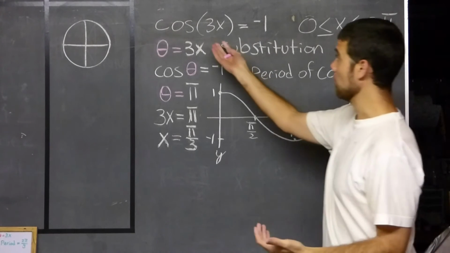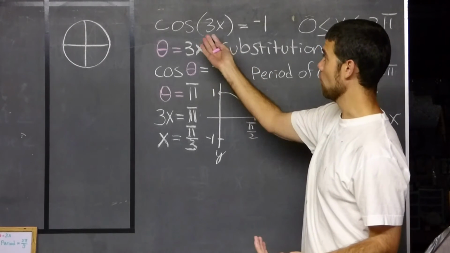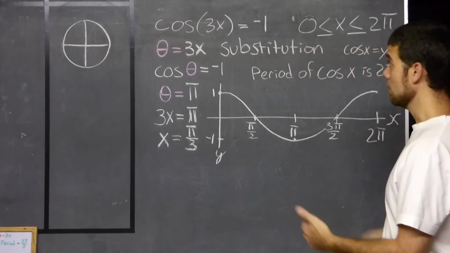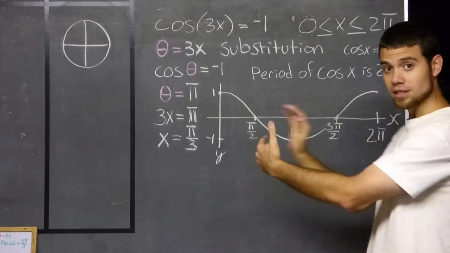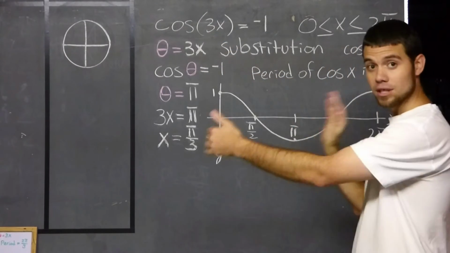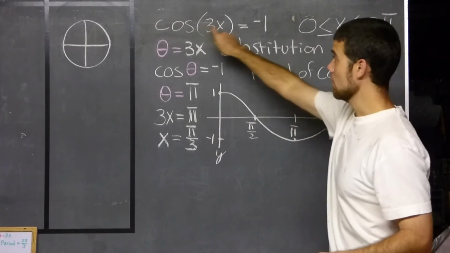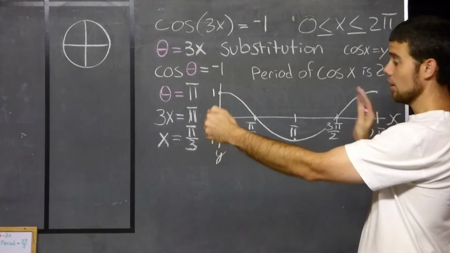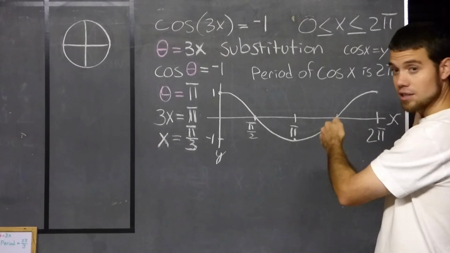So we need to think about what it's going to mean for our angle to be multiplied by 3. It changes the period, it compresses it, so that this is going to occur 3 times as often. Cosine of 3x means I'm going to have my period occur 3 times as often.